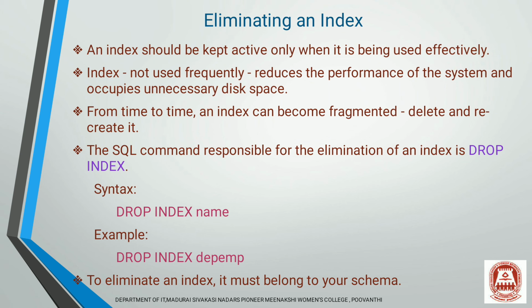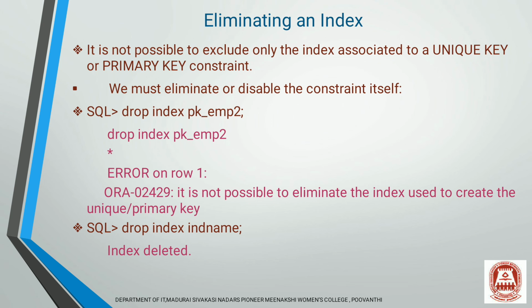If it is tied to a constraint, we must eliminate or disable the constraint itself. So drop index name is enough to eliminate a particular index. The index is successfully eliminated or deleted.